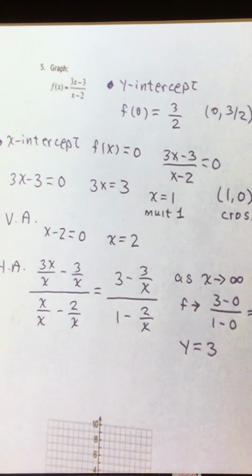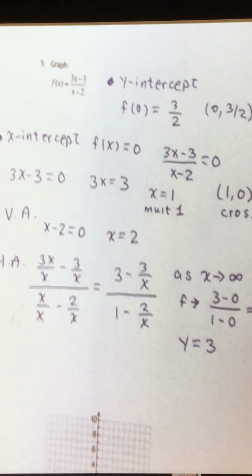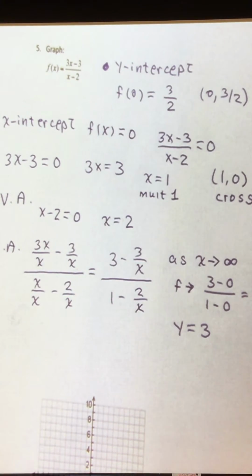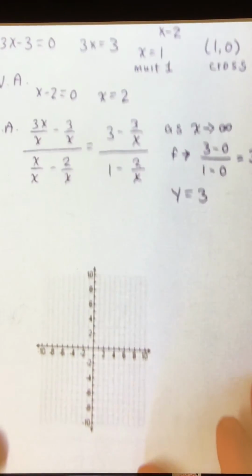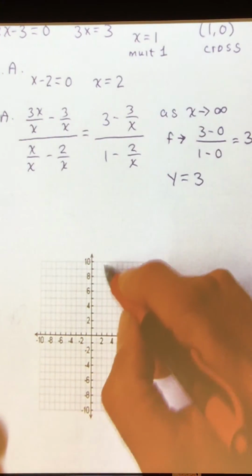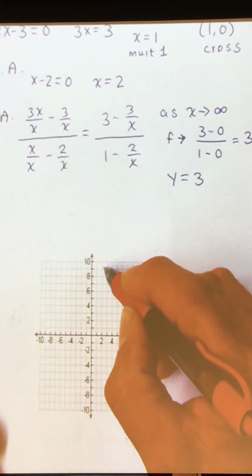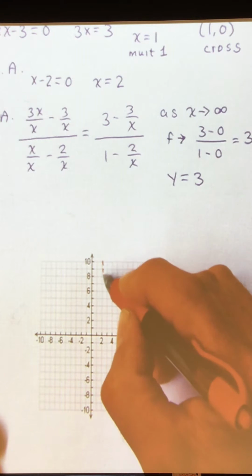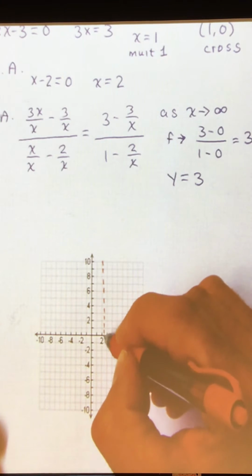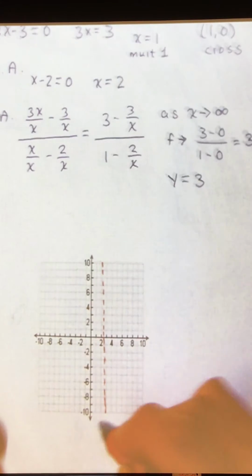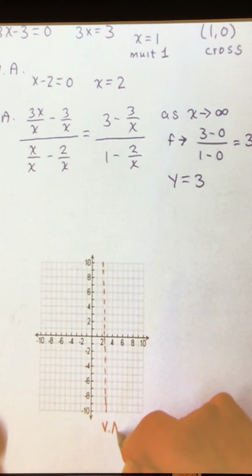Let's translate that information down below on the graph. First, locate our asymptotes. Vertical asymptote is at x = 2. So we'll go down here, and we'll note x = 2, and we'll draw that in here. And that is our vertical asymptote.